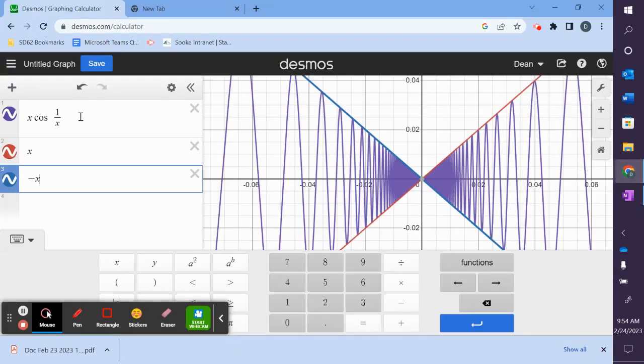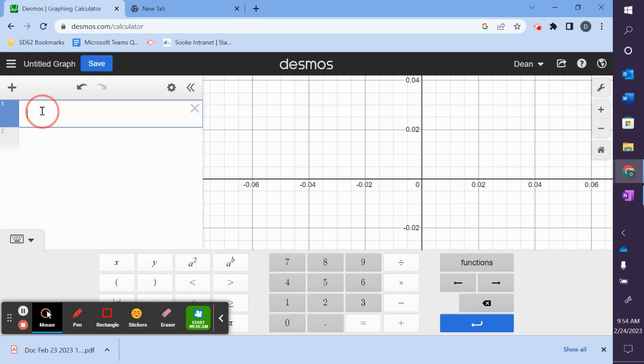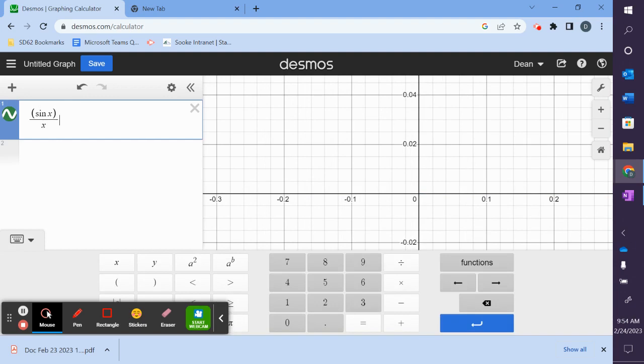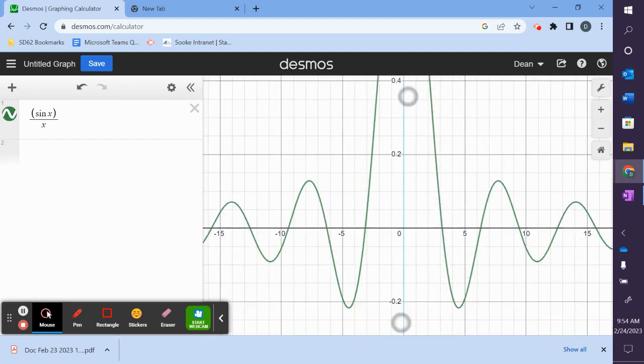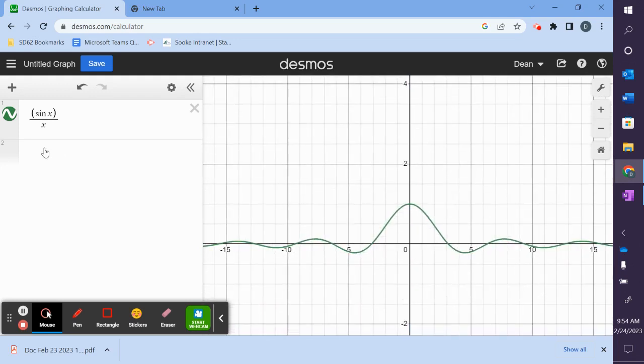If we do sine x, there's the graph of sine x over x.